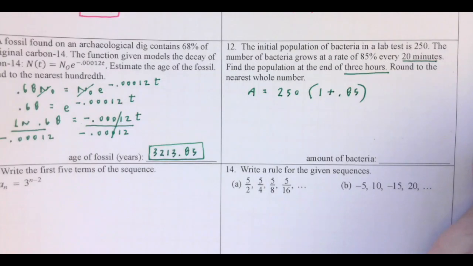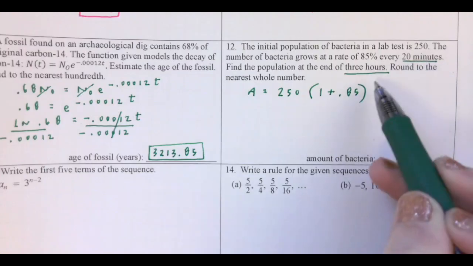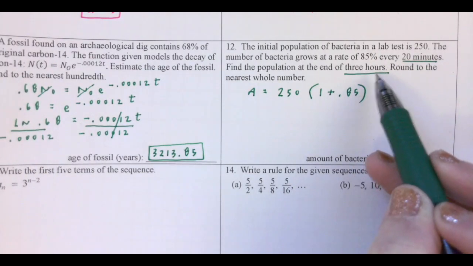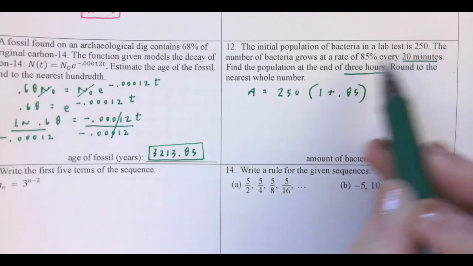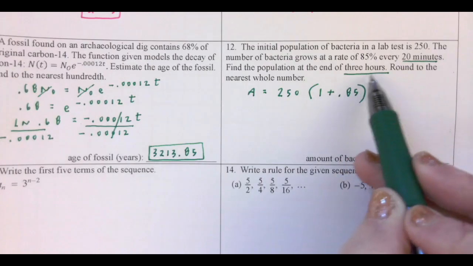And then it's just how many times, what's my exponent here? So how many times is it going to have that growth over this span of time? So it's saying every 20 minutes is when it grows at this rate, and we want to find the population at the end of 3 hours.